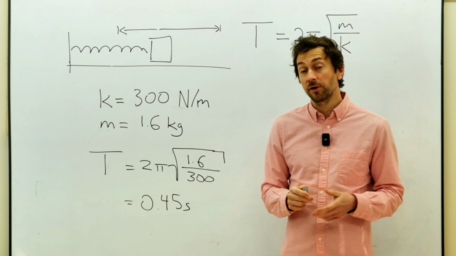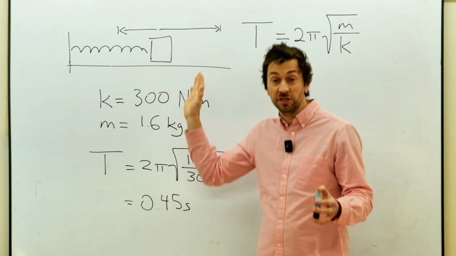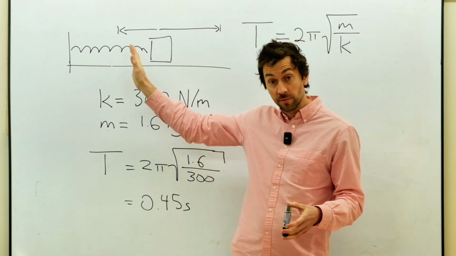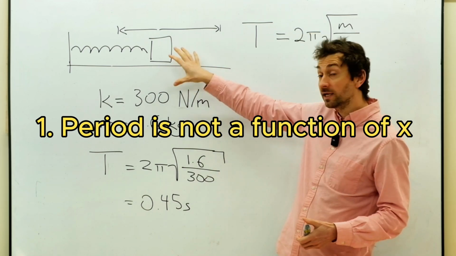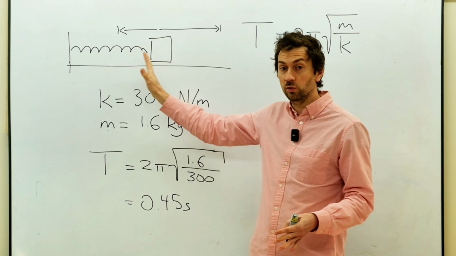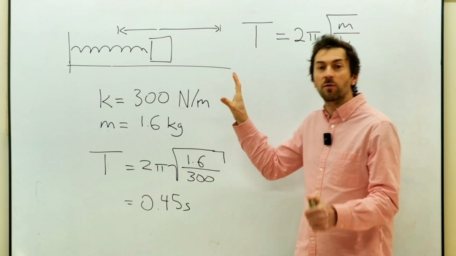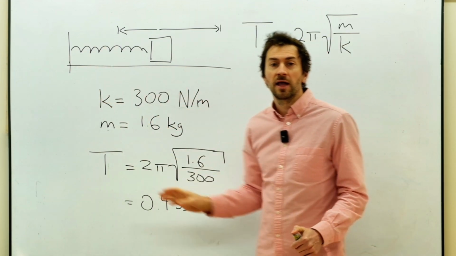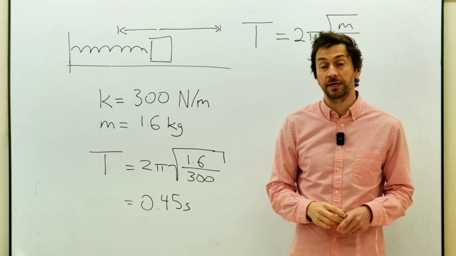And I want you to notice a couple of things about this formula. Firstly, the delta x, which is the amount it moves away from the center, that's not part of the period formula. So if I would take this same block and give it a little delta x, it would move slowly, but have the period of 0.45 seconds. And if I were to give it a large delta x, it would travel much faster, but have the same period.